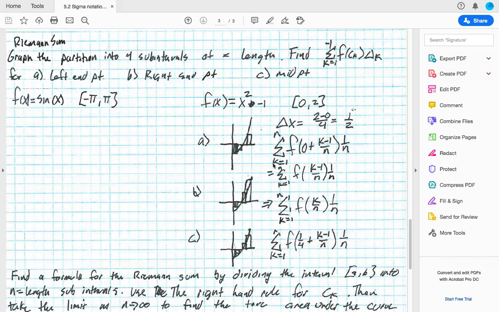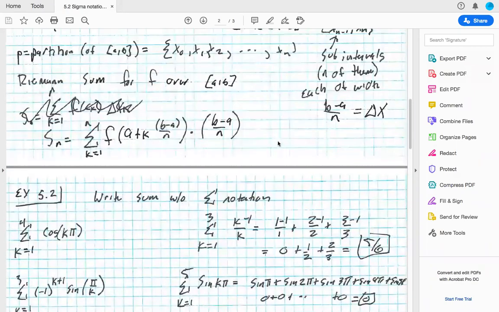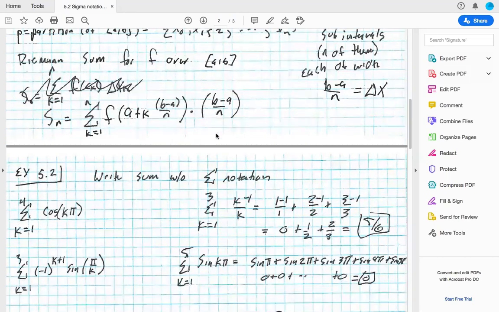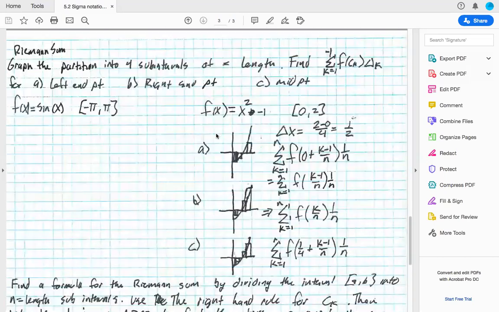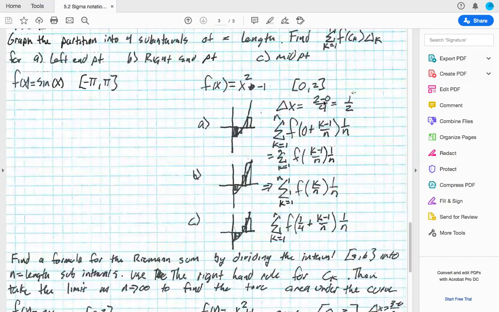So when we do this, if I put a k minus 1 up here, and if we go back to the Riemann sum up here for a second, notice it's k times b minus a over n. So if we have k times b minus a over n, and this is b minus a over n, this really should be a 4 here, and that should be a 4, but it doesn't really matter.